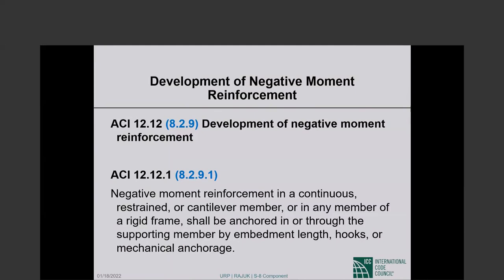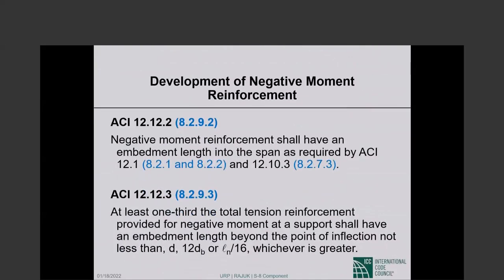Negative moment reinforcement in a continuous, restrained or cantilever member, or in any member of a rigid frame, shall be anchored in or through the supporting member by embedment length, hooks, or mechanical anchorage. I don't want to elaborate on that. I think that's understandable. Negative moment reinforcement shall have an embedment length into the span as required by ACI section such and such.